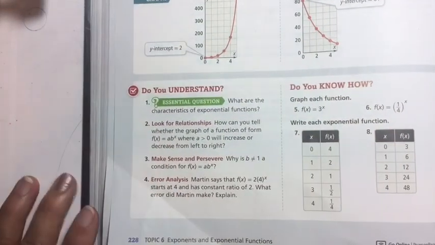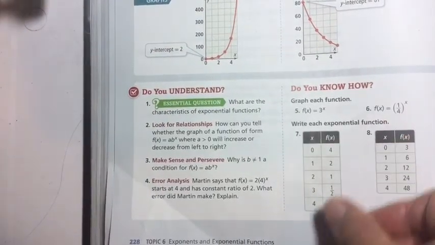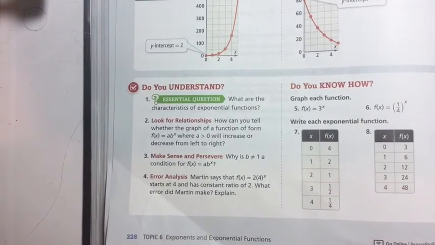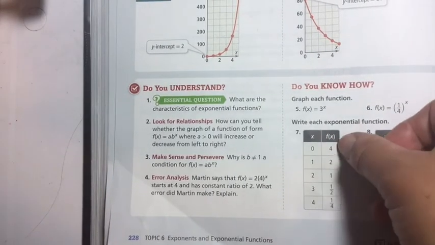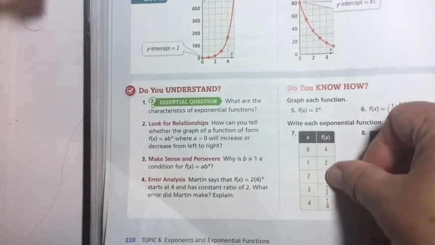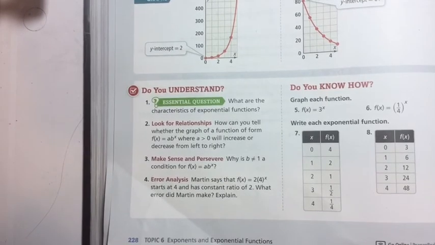So like if I look at these right here on page 228, notice this one, is it a growth or is it a decay? Hopefully you said a decay because they're getting smaller. Notice they're dividing by 2, which of course is multiplying by a half.